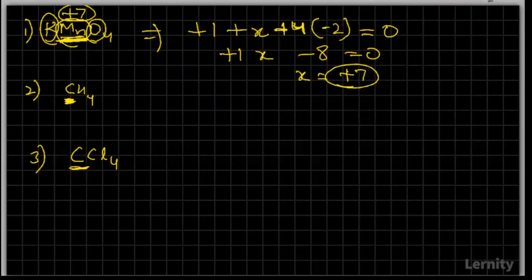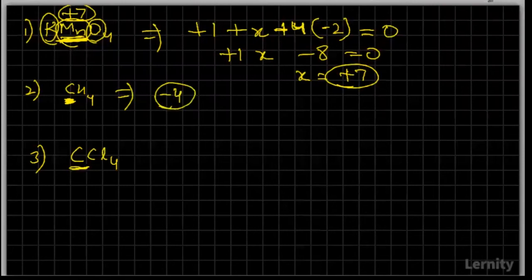Now let us check who has got it correct. I think most of you have answered, so shall I answer now? Okay, fine. In the case of methane, it's an exceptional case: hydrogen will have a positive oxidation number, whereas carbon is going to have -4.